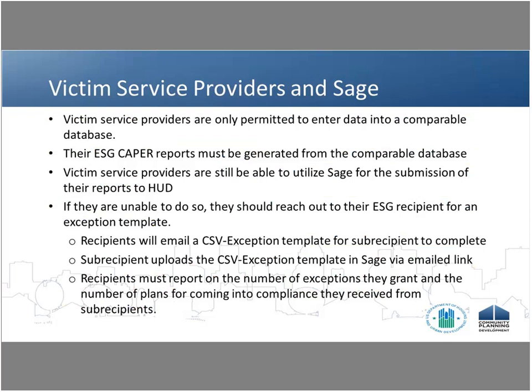So Sage is fully functional for comparable databases, and a reminder that comparable databases are expected to have the same functionality as HMIS systems insofar as generating the CSV. If they are unable to do so, it's important that they reach out to you, their ESG recipient, and it's also a good idea for you as ESG recipients to be in close contact with those subrecipients that are DB providers to try to address any difficulties that they may have generating CSVs.